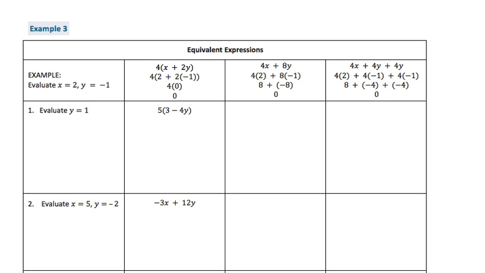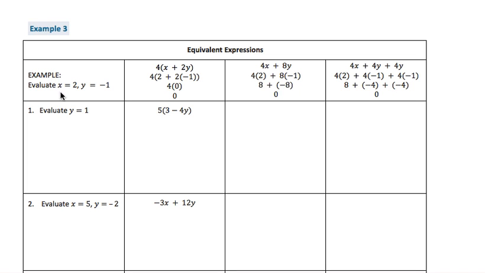Our final example is example 3. And they asked us to complete the table by writing equivalent expressions to the given expression and evaluating each expression with the given values. Looking at the example, the first expression that we have is 4 times the quantity x plus 2y.